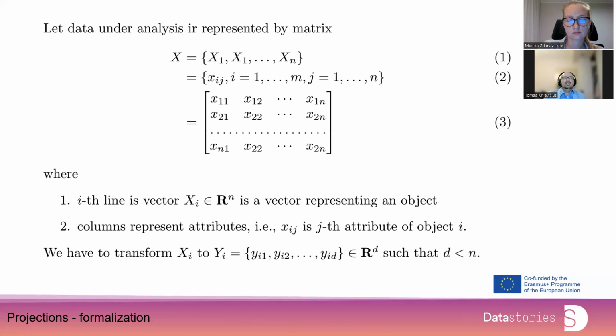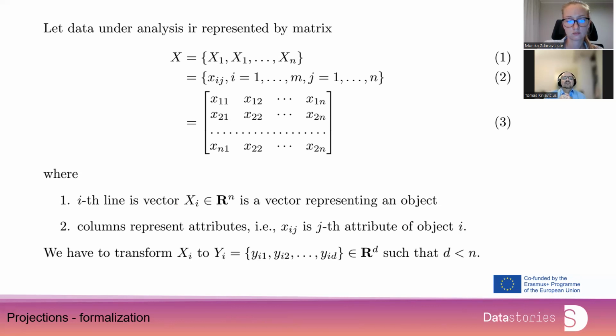Let's say that we have data which is represented by matrix X or vectors x1, ..., xn, where xi,j are separate values in this matrix. One vector could be one object, and each element of the vector is a different dimension or different feature describing this object.